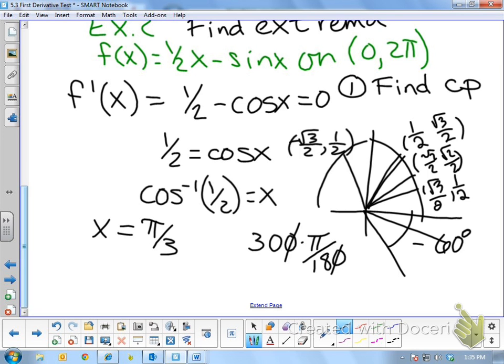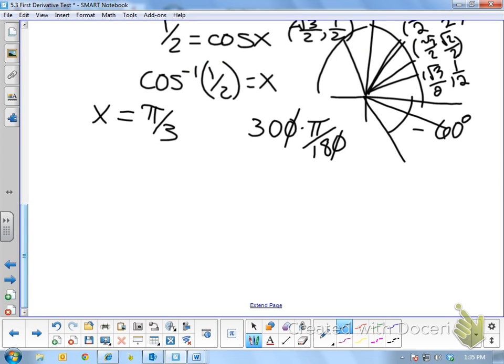So reducing, we get 5 pi over 3. There's also kind of a trick to remembering radians, but I think it's almost quicker that way than building the whole unit circle in radians to make the trick work. Or I just thought 2 pi and then just minus pi over 3. True. 2 pi minus pi over 3. That would have also worked. So we have x equals 5 pi over 3.